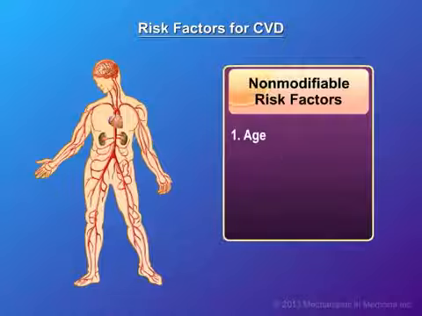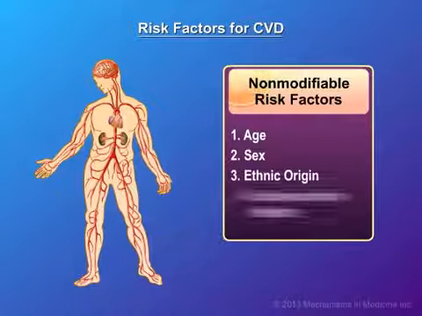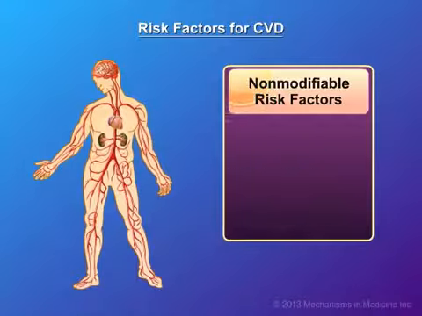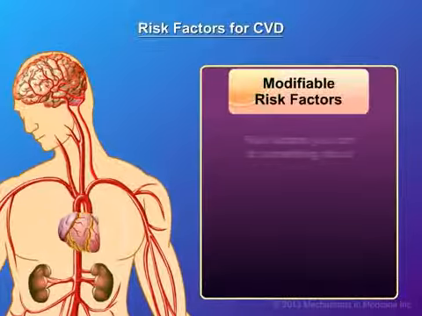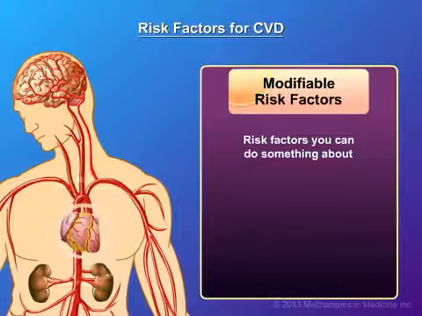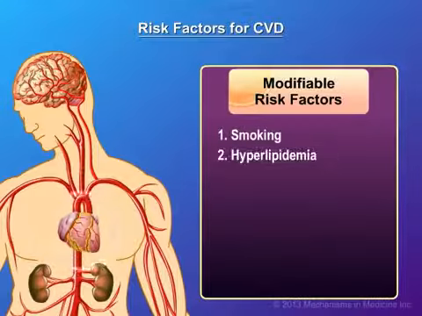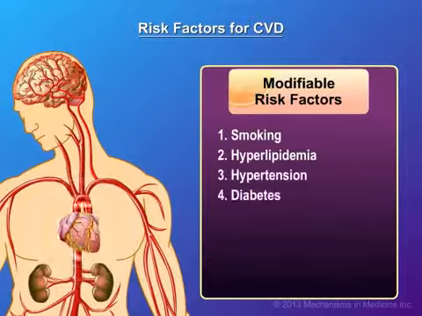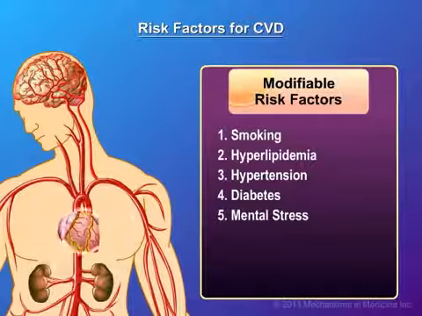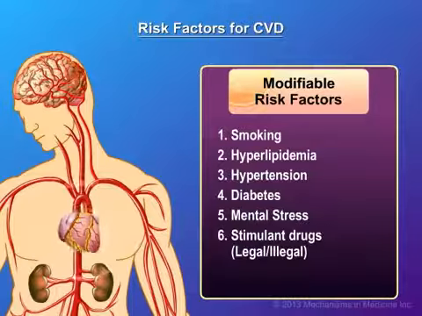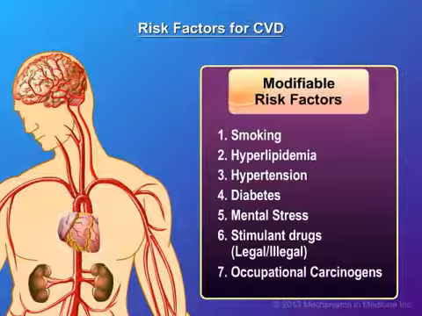These include age, gender, ethnic origin, and socioeconomic position. Modifiable risk factors are risk factors you can do something about. These include smoking, hyperlipidemia, hypertension, diabetes, mental stress, stimulant drugs, legal or illegal, and occupational carcinogens.